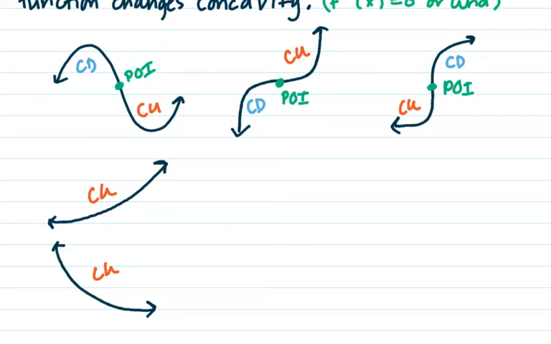So concave down, but increasing, would look like this. And then concave down, but decreasing, would look like that. There. That makes me happier. Okay, so here's how concave up can increase or decrease over the entire function, and the same for concave down. And these have no points of inflection.